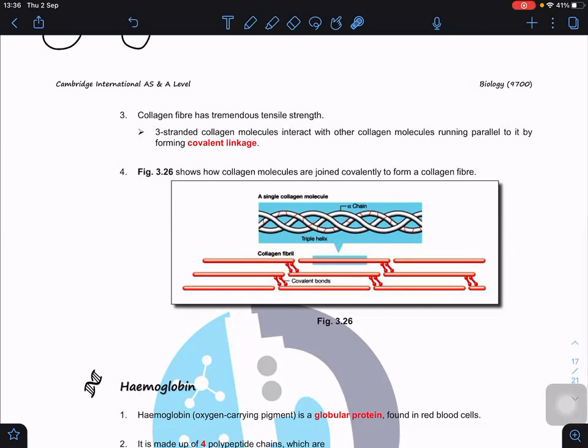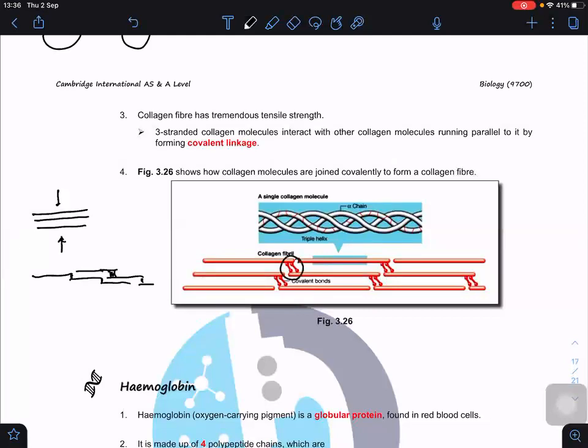They stagger like this. Can you see that? Rather than they make it this way. If they make it this way, they don't have tensile strength because when I exert pressure, they are slippery. But they arrange this way, three of them, and then another joins, and they interlock each other together. Therefore, they have very high tensile strength. So how do we join them together?